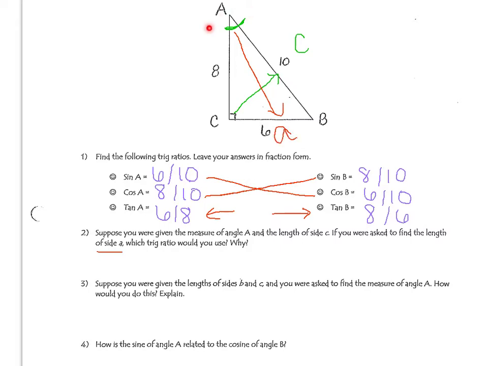So if this was our angle, that would make this the opposite. That would make this the hypotenuse. So opposite and hypotenuse should lead you to use sine. And then for your reason why, I would say something along the lines of, because you have the hypotenuse and you need the opposite.